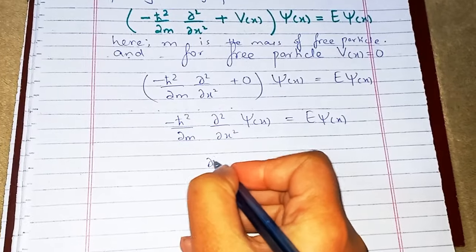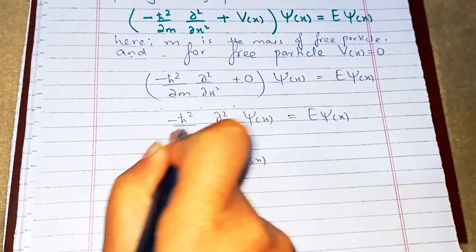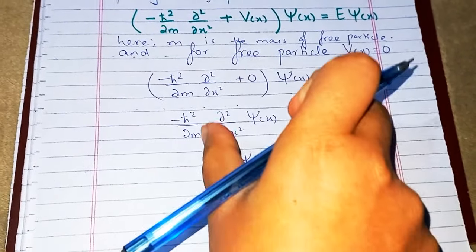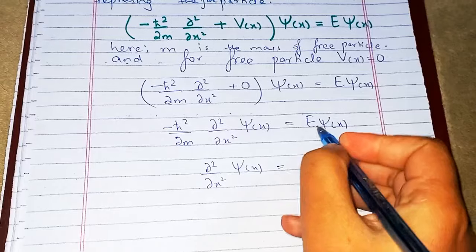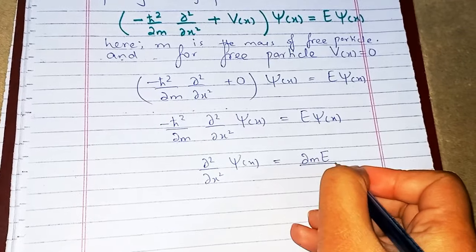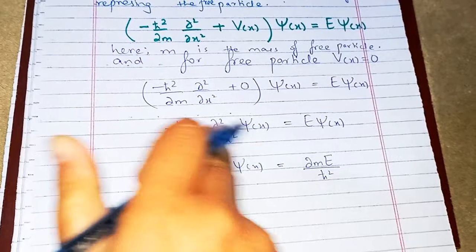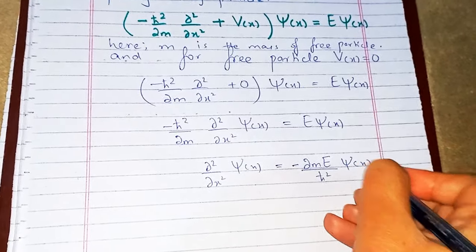Now what else we can do is take the terms of partial square by partial x square psi of x. Here we are actually solving the differential equation. So I'm taking 2m here; it will be multiplied, 2mE divided by h square. It's multiplying here, it will be divided here, with a negative sign, and psi of x.